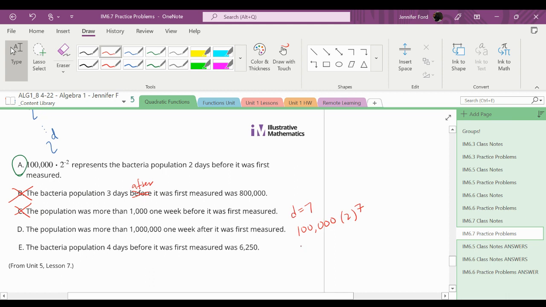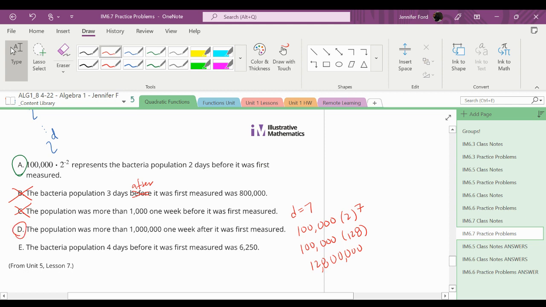So it'll be 100,000 times 128. I'm losing track of my zeros. Yeah, that makes sense: 12,800,000. So yes.